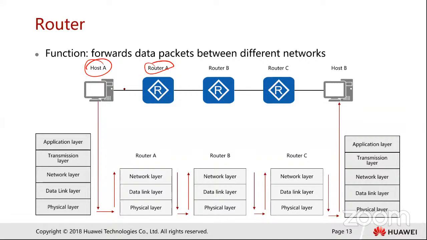It then sends the frame to the network layer. At the network layer, the router determines to which network segment the destination address belongs. Based on the network layer packet header of the frame, it then searches the table and forwards the frame through the corresponding interface to the next hop toward the host B destination.